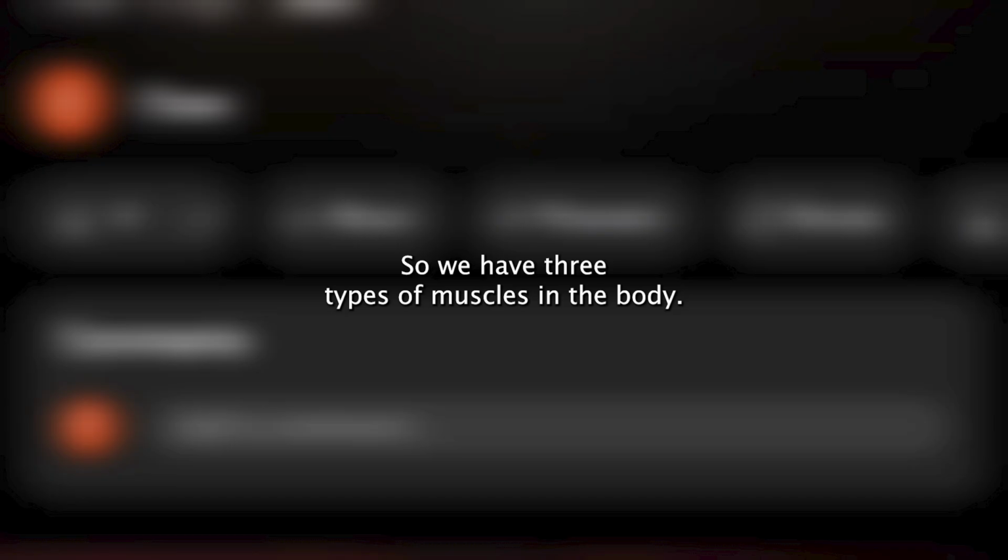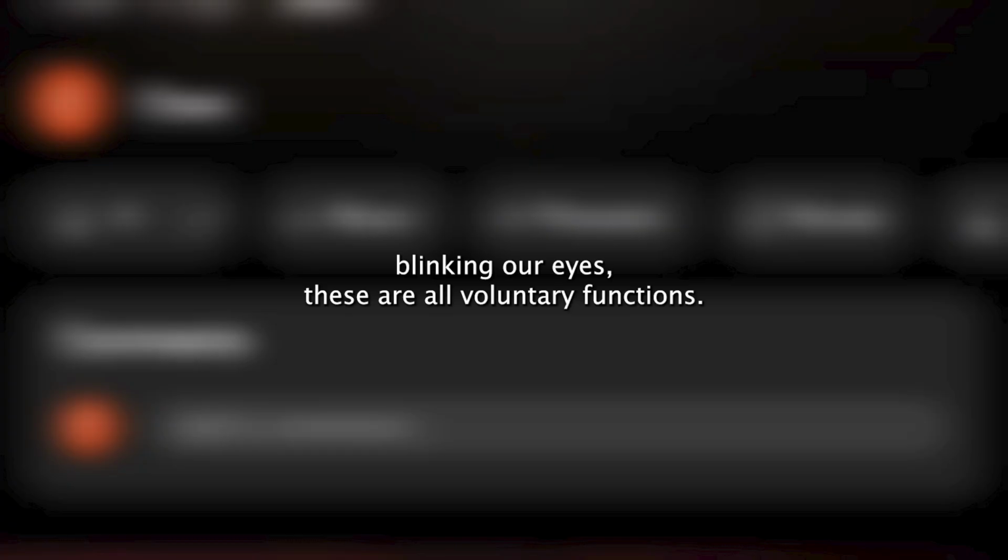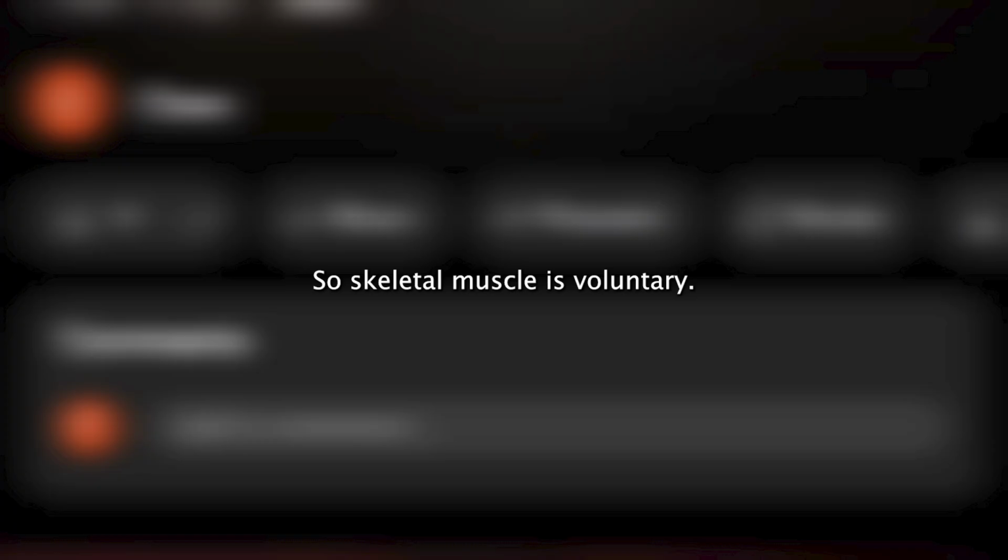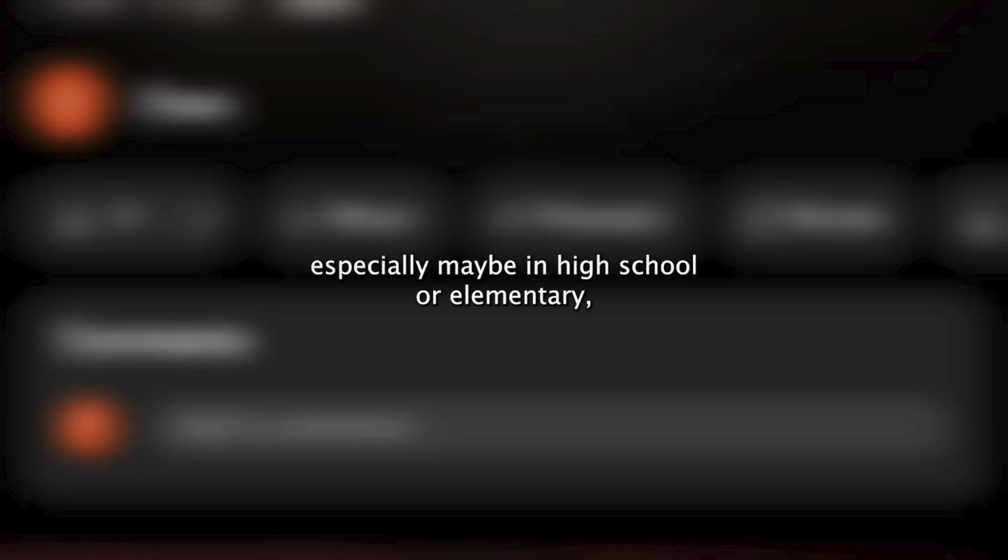So we have 3 types of muscles in the body. We have skeletal muscle, which is attached to our voluntary system. So moving our arms, moving our mouth, blinking our eyes, these are all voluntary functions. So skeletal muscle is voluntary. Some people, especially in high school or elementary, will talk about these muscles as voluntary muscles.